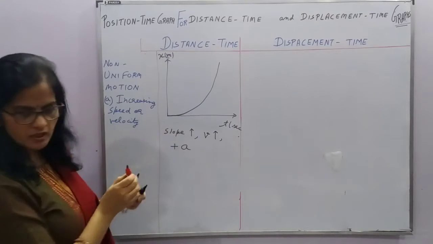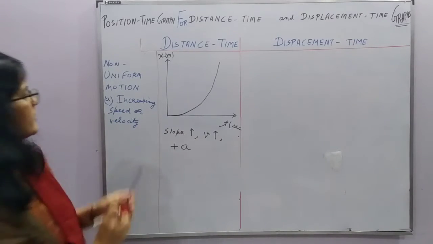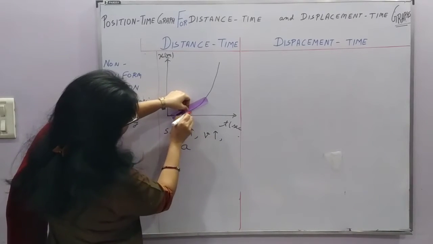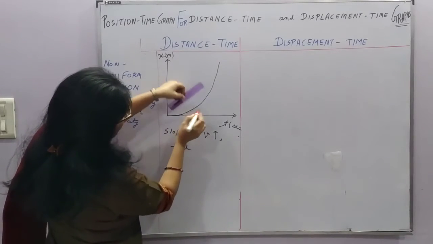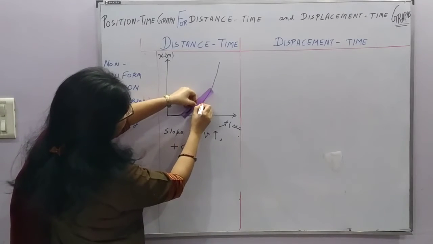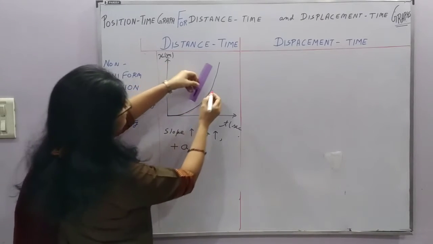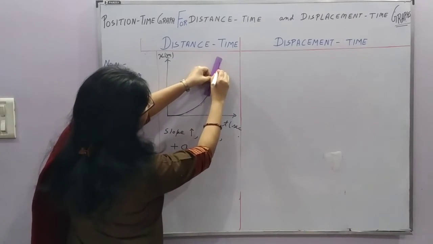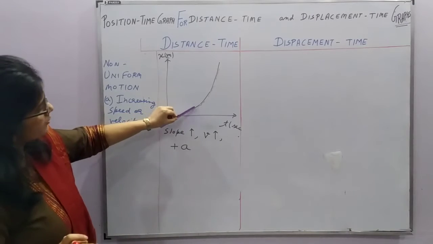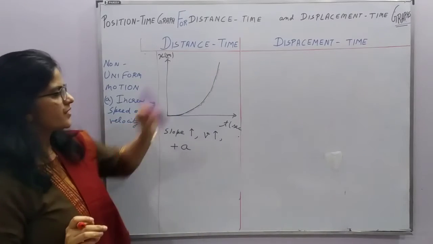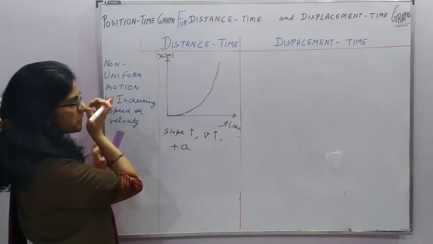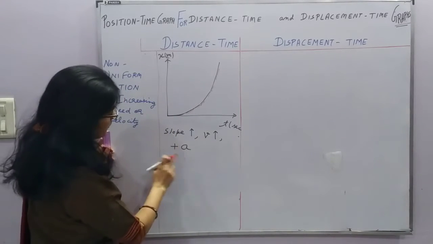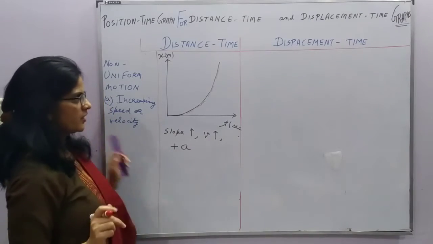You can check in this graph that at different points we have different slopes. With time, the slope is increasing. That means the velocity is increasing, or you can say the speed is increasing if the direction is not considered. So we have positive acceleration.